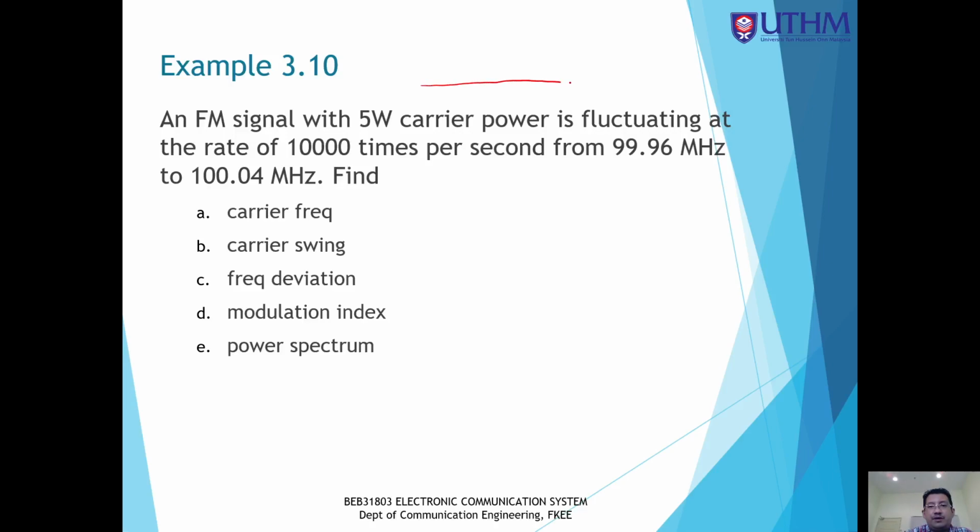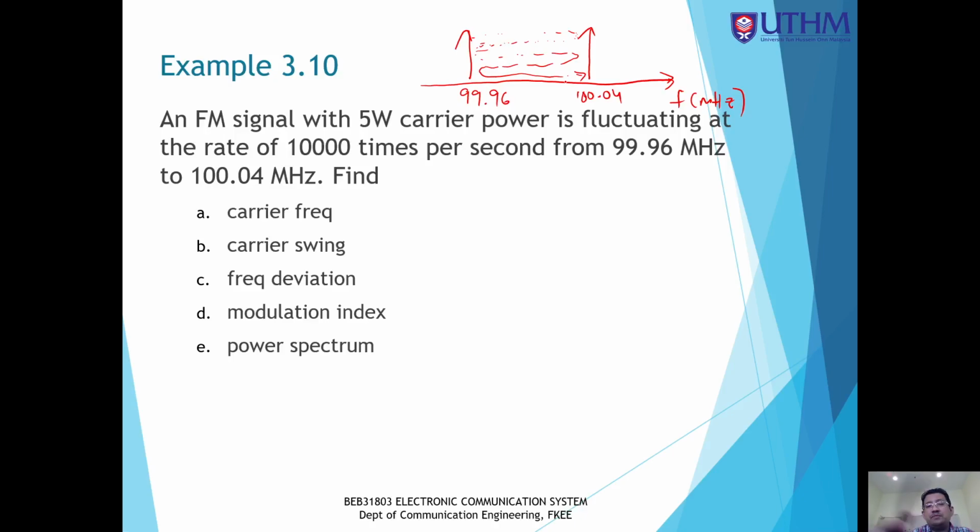So it is actually like this. The carrier fluctuates from 99.96 megahertz until 100.04 megahertz.